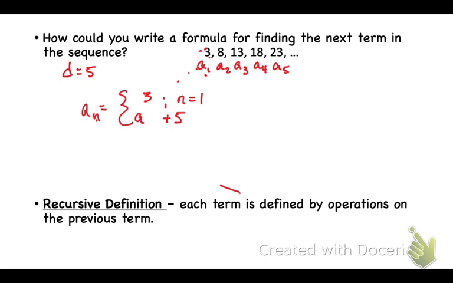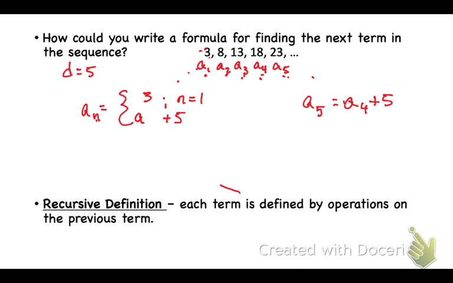So if I want 2, I had to use 1, yes? If I want 3, I had to use 2. If I had 4, I had to use 3. If I had 5, I had to use 4. If I wanted 6, I had to use 5. So I want the one before it. So I'm going to write this here just so we can see it. If I wanted 5, I would have to use a sub 4 plus 5.